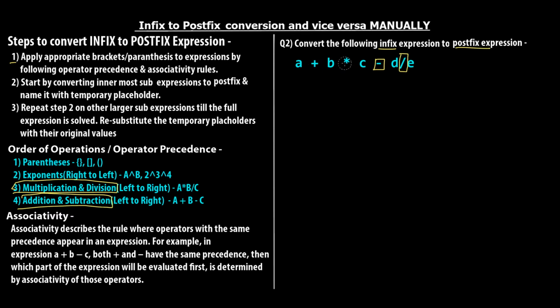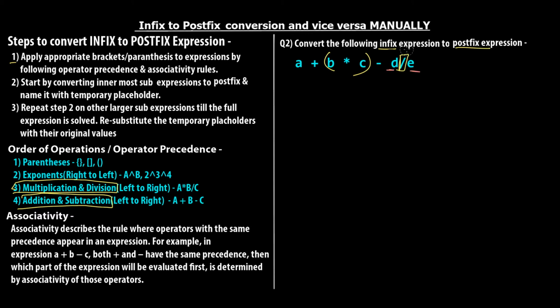So what we'll do over here is we'll come to the multiplication operator, and since this is an infix expression, the two operands for this multiplication operator are B and C, right? So we'll draw brackets around B star C. Similarly, for this division operator, the two operands are D and E, right?